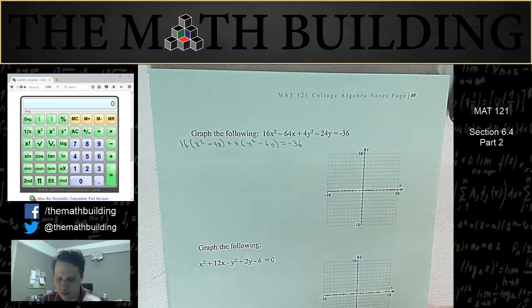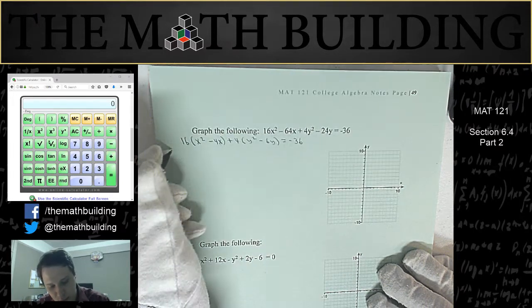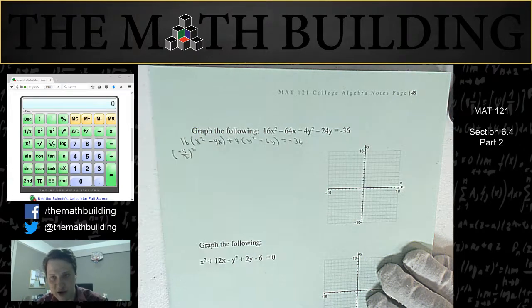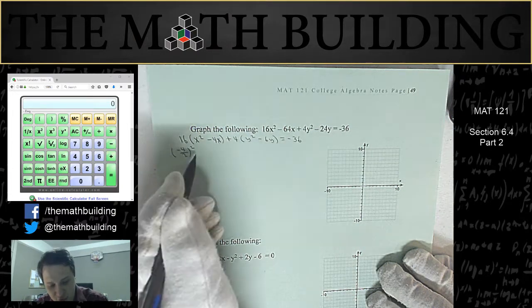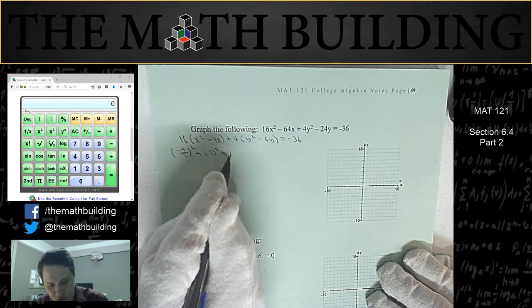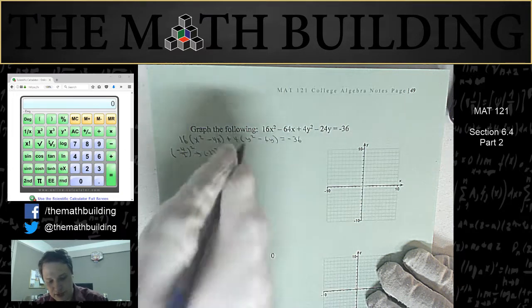Okay, now we're going to do something real tricky, which is I'm going to do the completing the square thing. And remember how we do that. We take the b term, which is negative 4, divide that by 2, and square it. So it's negative 4 divided by 2, which is negative 2, and then you square that, which gives you 4. So there's the magic number for this one. Let's do that same thing for negative 6.